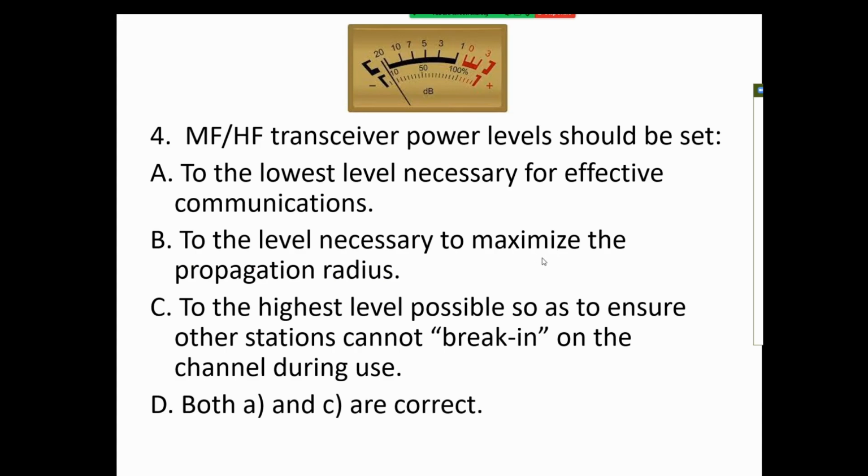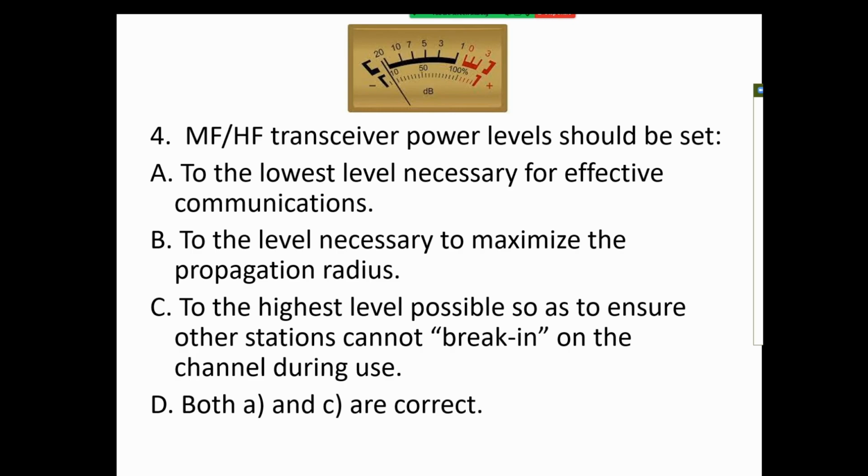All right, here's a question about your power level. Medium frequency, high frequency transceiver power level should be set. Where do you adjust your power? And some people call it volume. Do you set it to the lowest level necessary for effective communications?